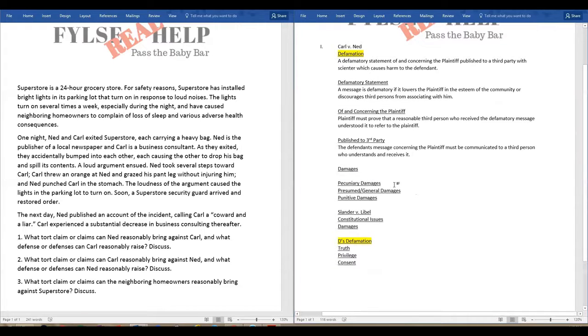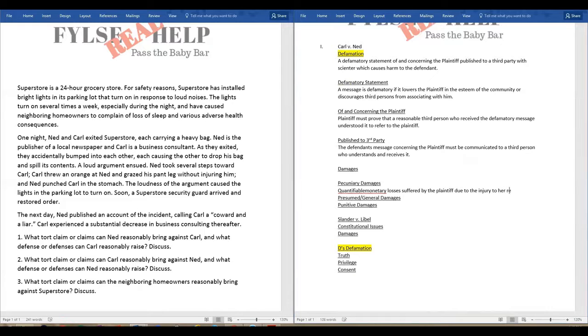Now, they're not all applicable. There are certain things that you need to show. Of course, they're all their little special snowflake damages. So here with our pecuniary damages, these are quantifiable monetary losses suffered by the plaintiff due to the injury to his reputation in this case.